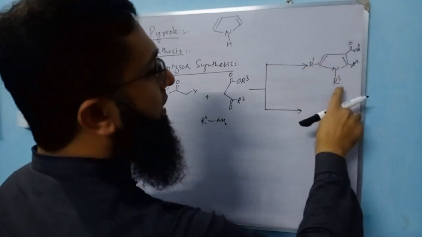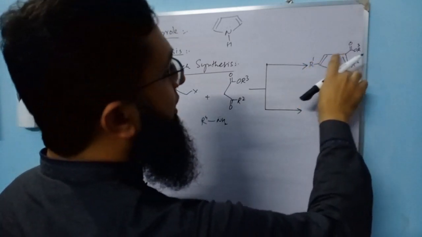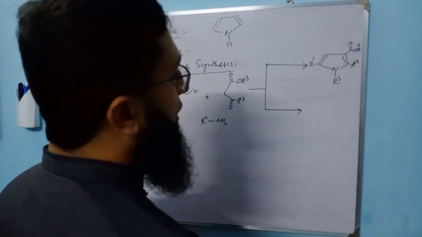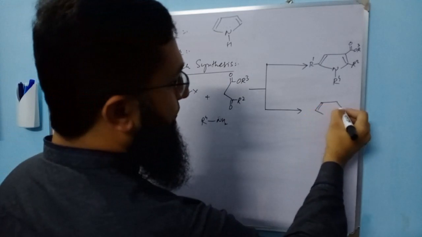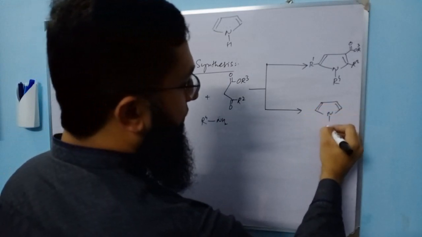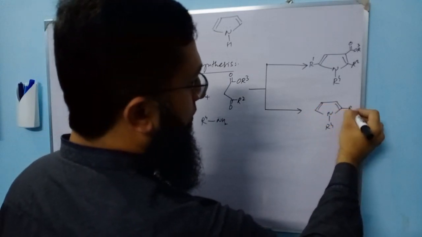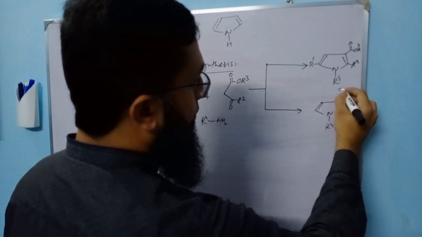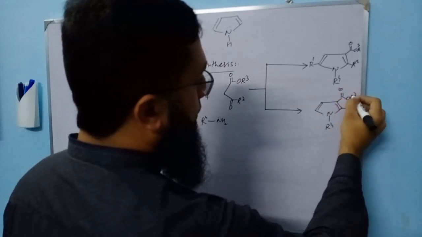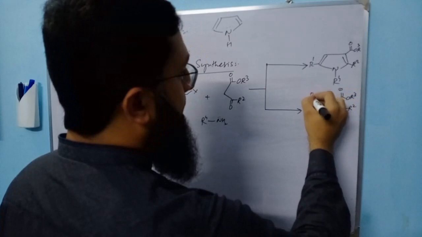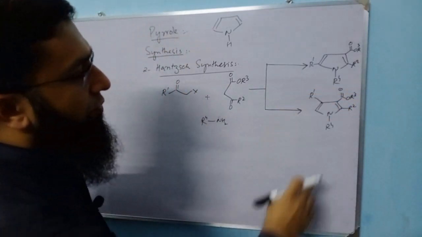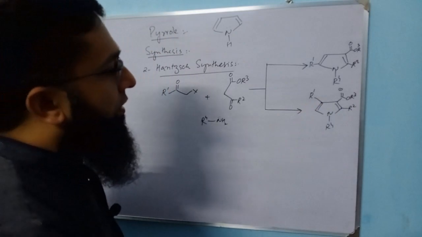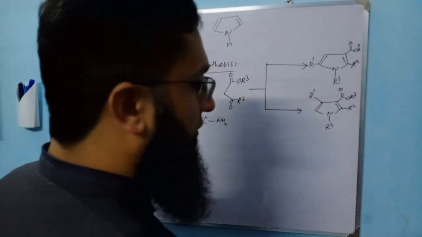One possibility is that we get a 2,3,5-trisubstituted pyrrole derivative, and in our second possibility we can get a 2,3,4-trisubstituted pyrrole derivative.